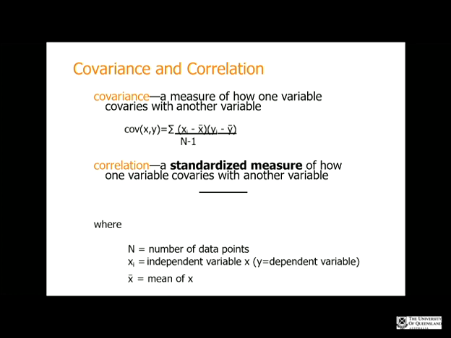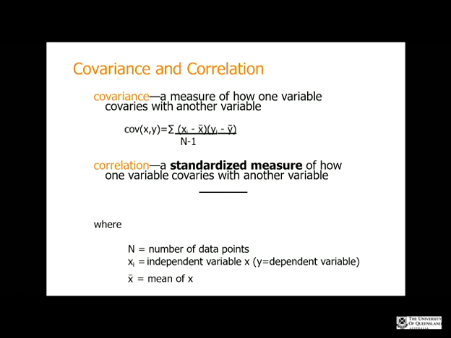So if you had to do it from first principles, where n is the number of data points, so n minus 1, for those of you who know about degrees of freedom, that's basically what degrees of freedom is, n minus 1, where you have one variable, which is x, and a dependent variable, which is y, and then the one with the bar over the top is the mean of x, and then obviously that's the mean of y up there.